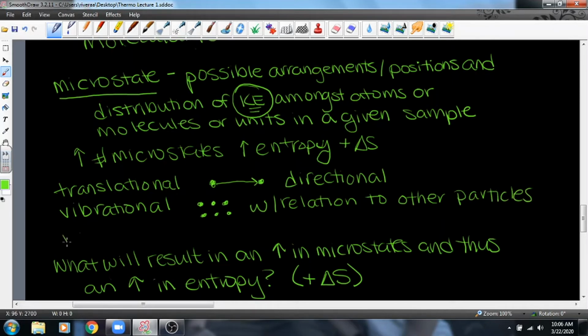And then finally is rotational. And that's how a molecule rotates about its own axis. So if I have a water molecule here, this water molecule could move directionally, as water vapor, it could move across the room. If you're talking about ice, you have a good example of vibrational motion, as those particles still have kinetic energy.